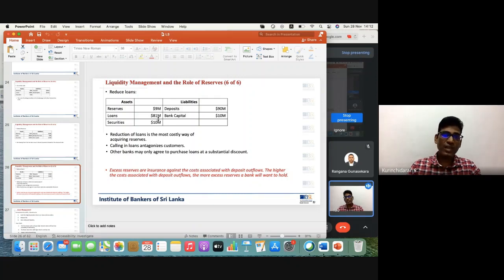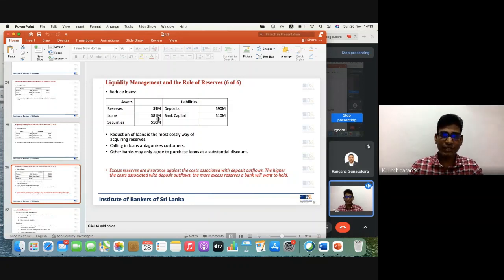Sometimes you can sell the loans to other banks or financial institutions. Normally in a time of crisis, they make a package out of some portion of loans, for example gold loans, real estate or credit card portfolio. They package it, rate it and sell it to others.